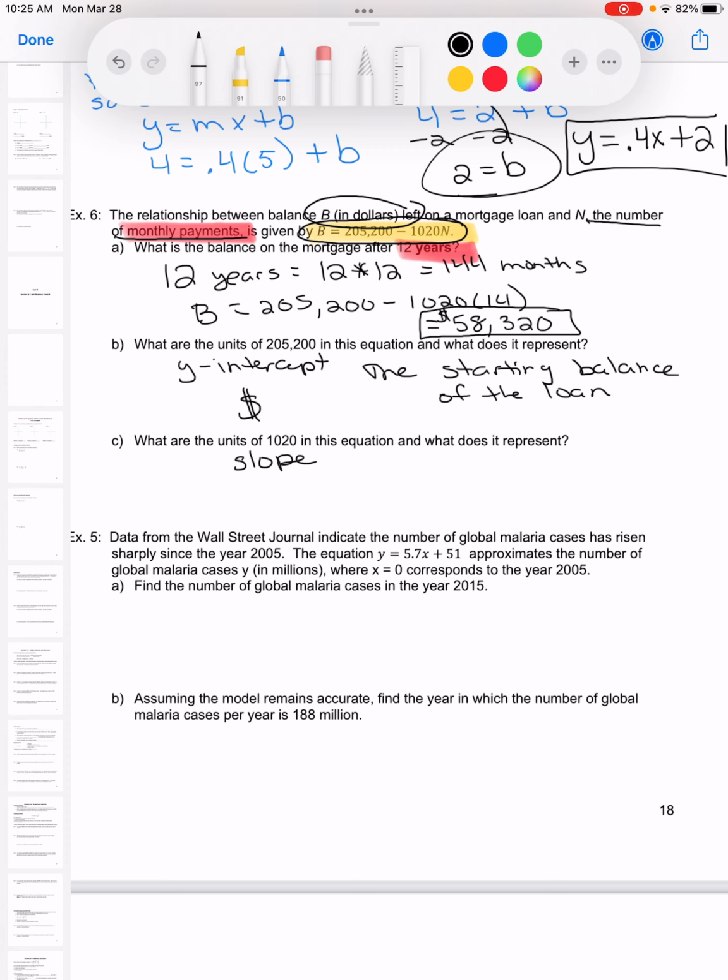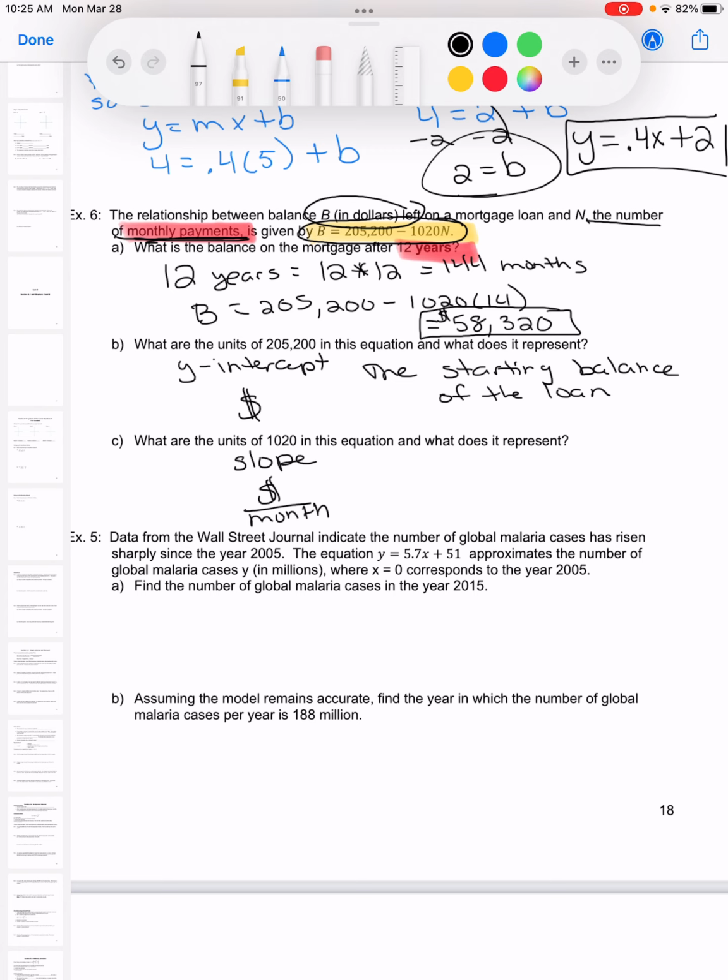It's my m. So remember, slope has to use two units, the y units over the x units. In this case, those letters are B and N. We said the y units was dollars. The N unit is months. So the units are dollars per month.